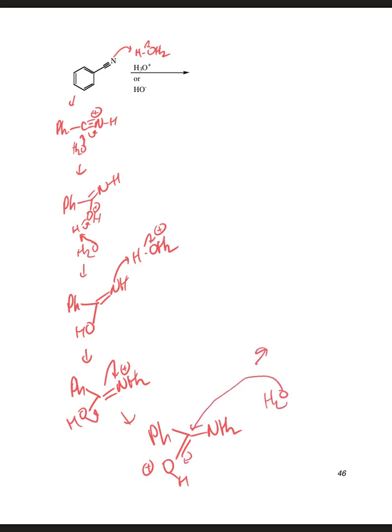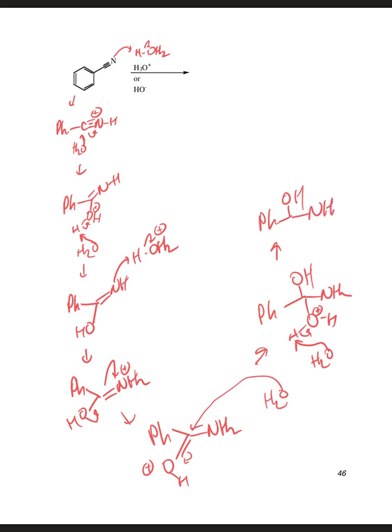Add the water in. That gets us to the tetrahedral intermediate. Remove the extra hydrogen. Protonate the nitrogen to make it a good leaving group.